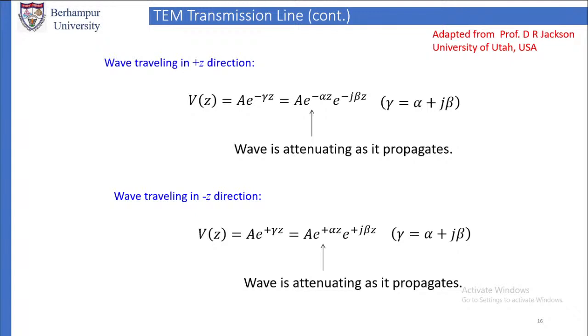Exponential minus alpha z represents the attenuation in the wave as it propagates along the positive direction. Similarly, for the negative direction, exponential plus alpha z gives you the attenuation of the wave as it propagates in the negative z direction.